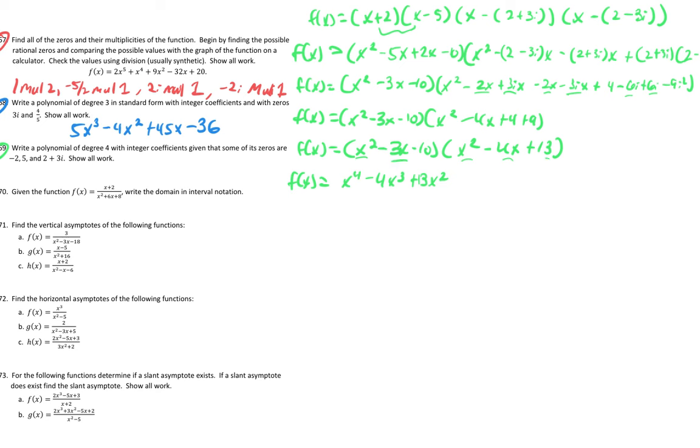Now we'll do this one. Minus 3x cubed plus 12x squared minus 39x. That'll be a plus. Right? No, minus.